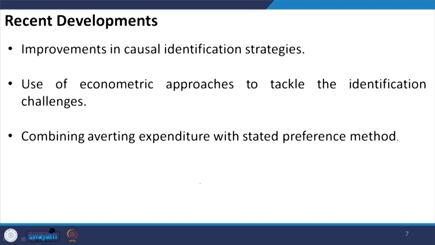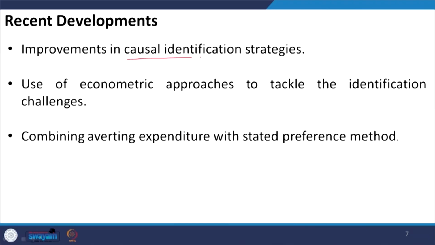Okay. And in this method also we can identify some recent developments, right. First of all, we have just discussed that causal identification is a problem, and recently we have developed some strategies to address this causal identification problem.